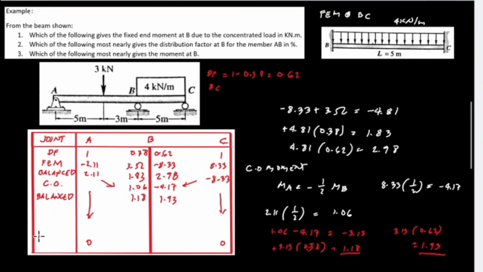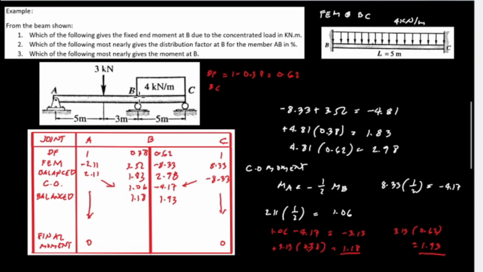So final moment at joint A, which is a hinge, therefore the moment is 0. There's no moment at joint A because it is a hinge. At joint C, it is a roller. Therefore, the moment is also 0.